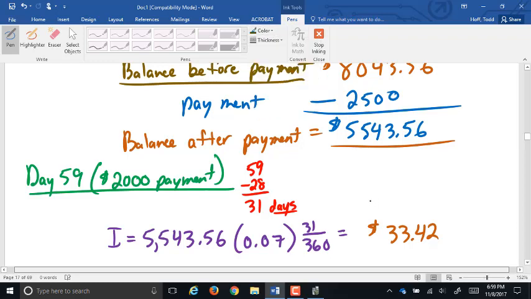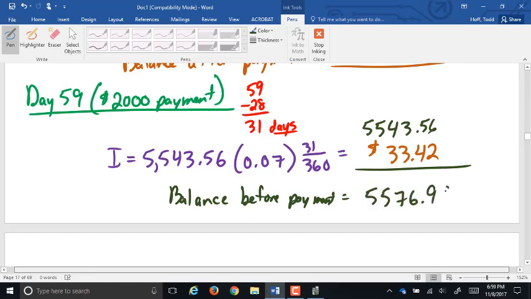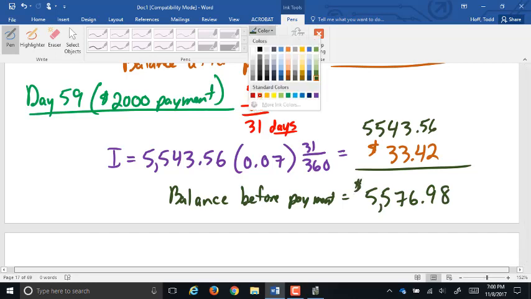So we're going to take the previous balance, $5,543.56, and add the $33.42 to get the balance before the payment, which is going to be $5,576.98. Then what happens?